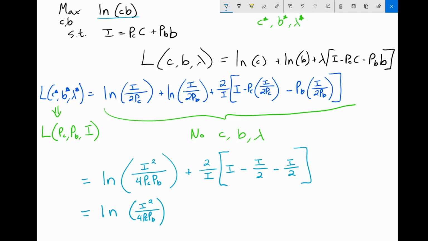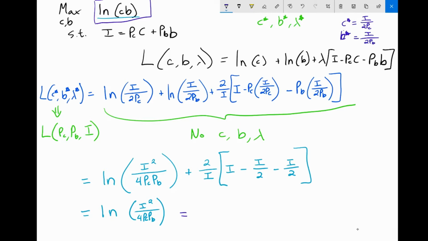All right, you're going to notice that this equals the same thing as if I had just taken the optimal values. So maybe I will write these back up here. 2PC, P star I over 2PB.